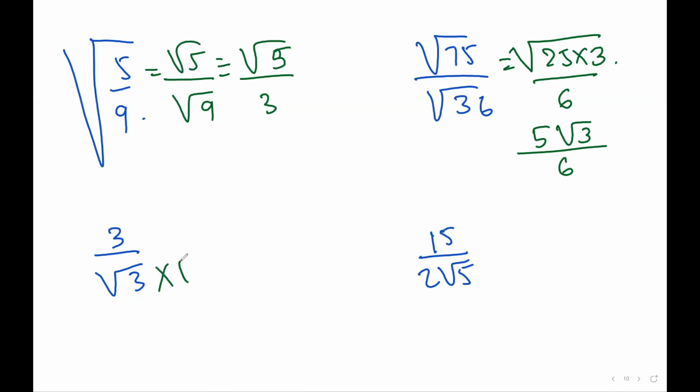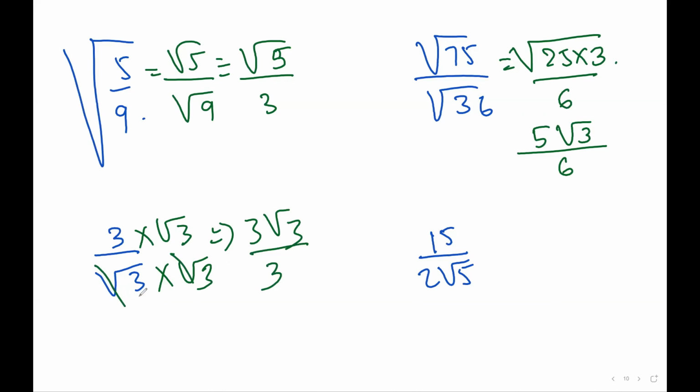Here into root 3 into root 3. So this will be 3 root 3. Root 3 into root 3 is 9, which is only 3, or square root cut, this is only 3. You know, once you get the grip, it becomes very fast. Now here into root 5, I want to remove root 5 into root 5.